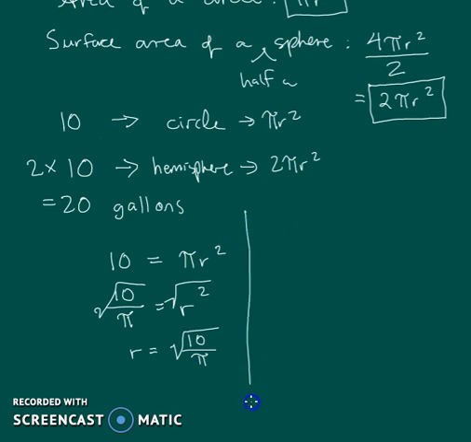Then, in order to find the surface area of half a sphere or a hemisphere, you would just plug that radius in.